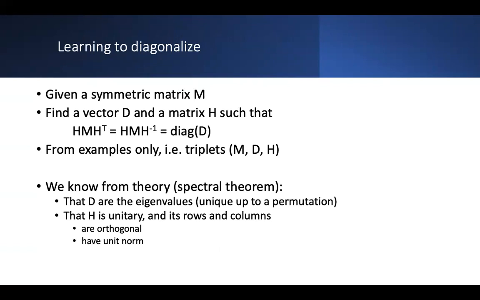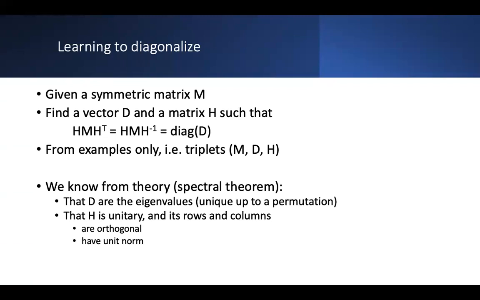So I'm interested here in trying to explain, to see if my math is learned. I'm interested in the eigenvalue, eigenvector, eigendecomposition problem. In this problem, I'm giving the model a symmetric matrix M, encoded as a sequence, and I task the model to find a vector D and a matrix H, verifying this.